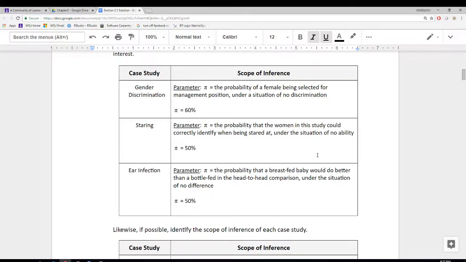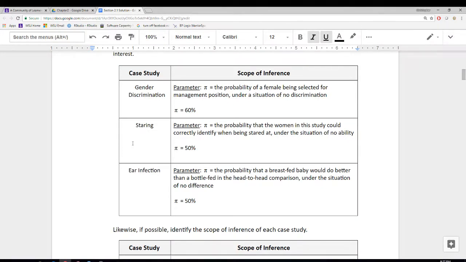If the management pool contains 60% females, then under no discrimination, 60% of the individuals chosen for a management position should be female. Therefore, the parameter value is set to be 60%. Pi is equal to 60%.